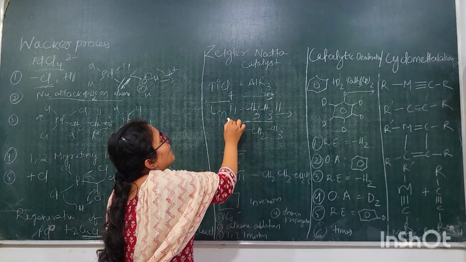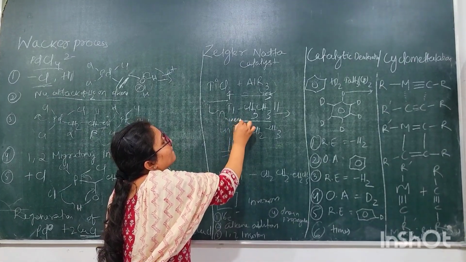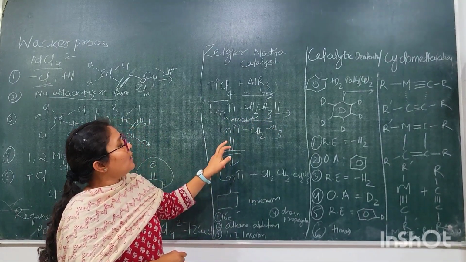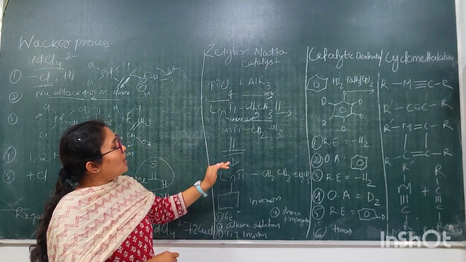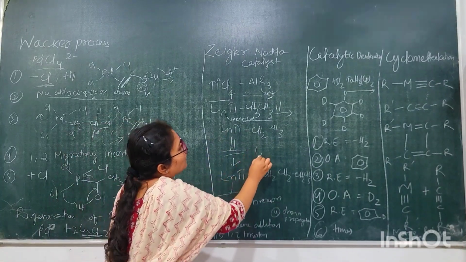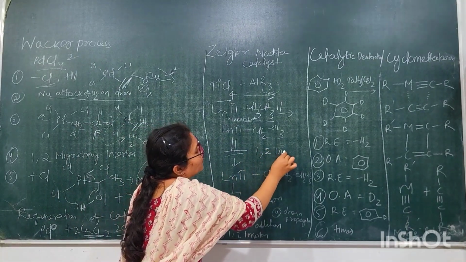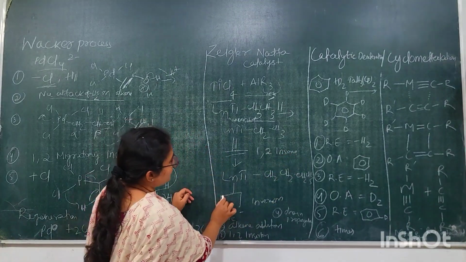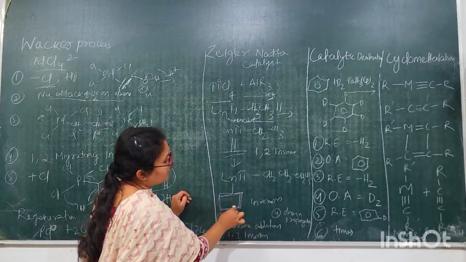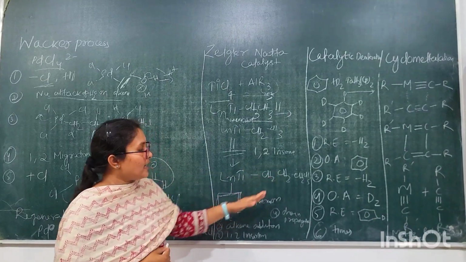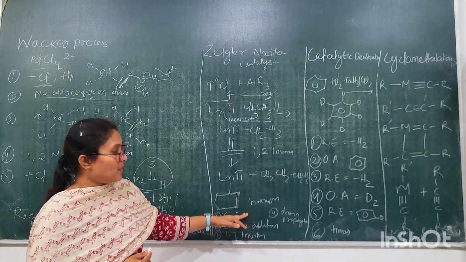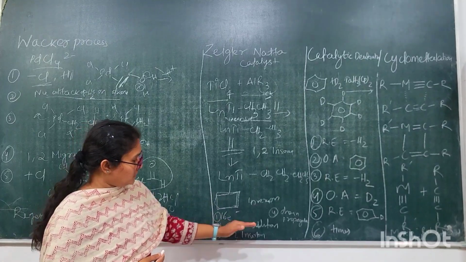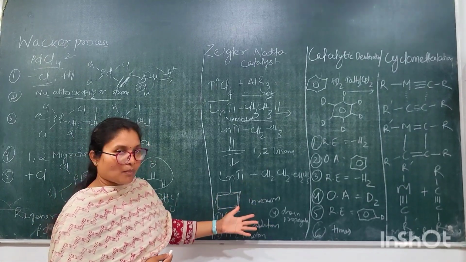Because the titanium has a vacant d orbital, it can accept the alkene, and after this there is 1,2 insertion, and a vacancy is created here. The chain can continue like this, and at the last step we can do beta hydride elimination, and the product is formed.